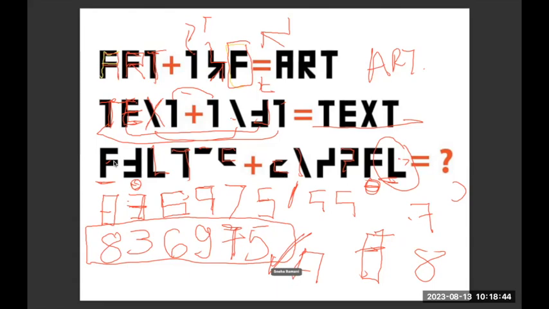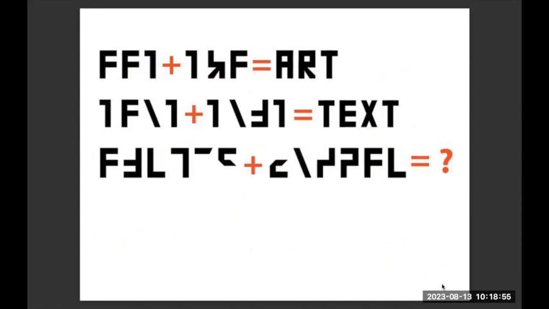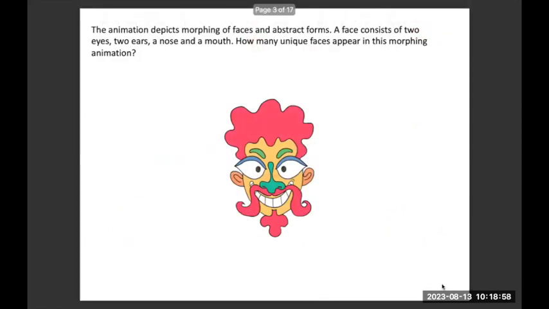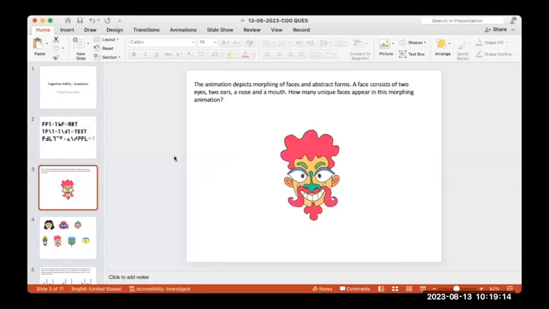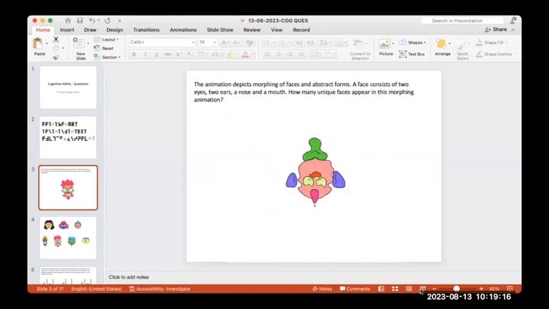Any doubts? Any questions in this? Okay, we'll move to the next one then. Okay, this I have the animation, but wait, let me just show it in some other software. Are you able to see here?